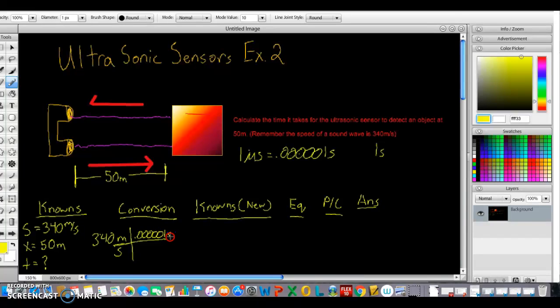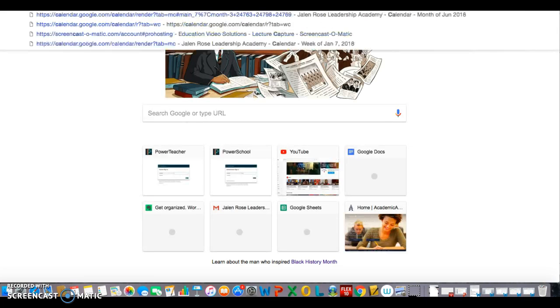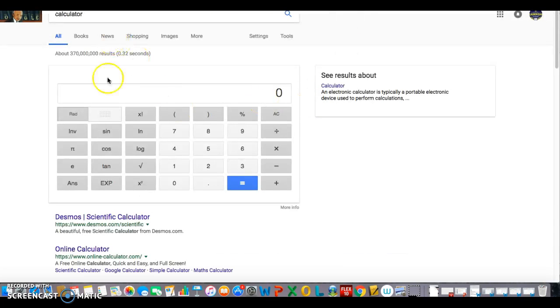And you know you did it correctly because the units will cross out, seconds. And then how many microseconds does that equal? That equals 1 microsecond. All right, and so if we get our calculator, we're going to do 340 times 0.000001. And what does that give us? That gives us 0.00034.